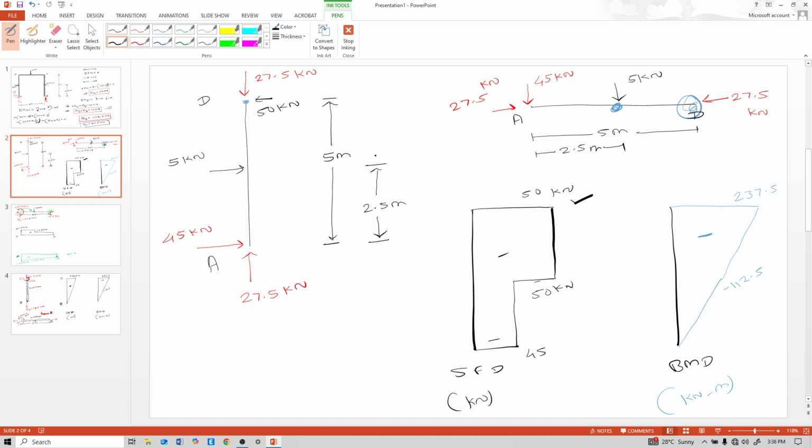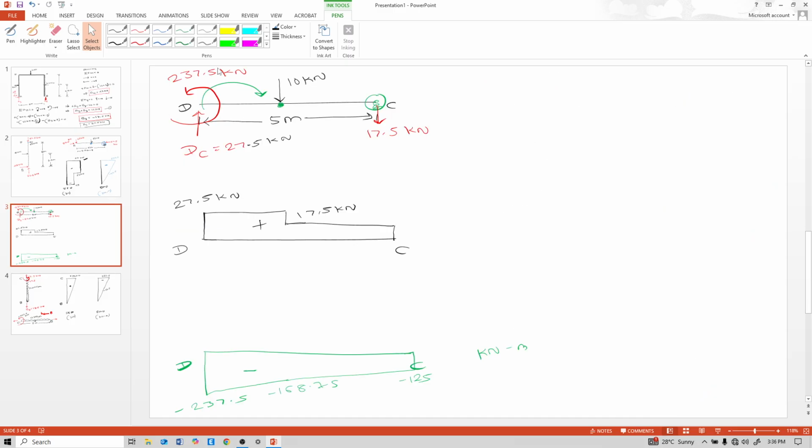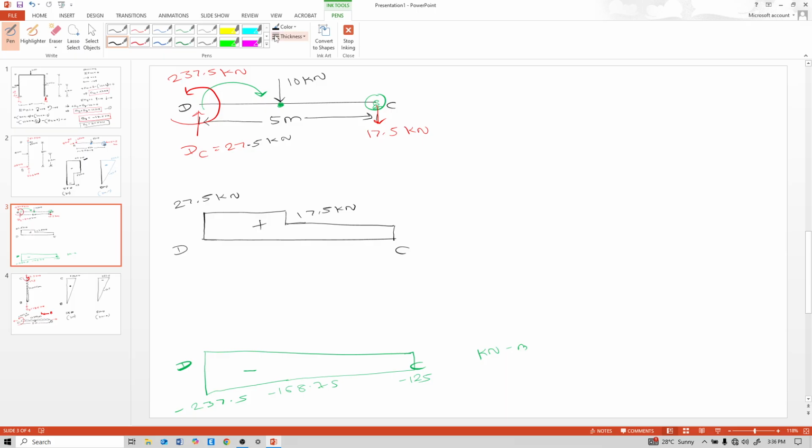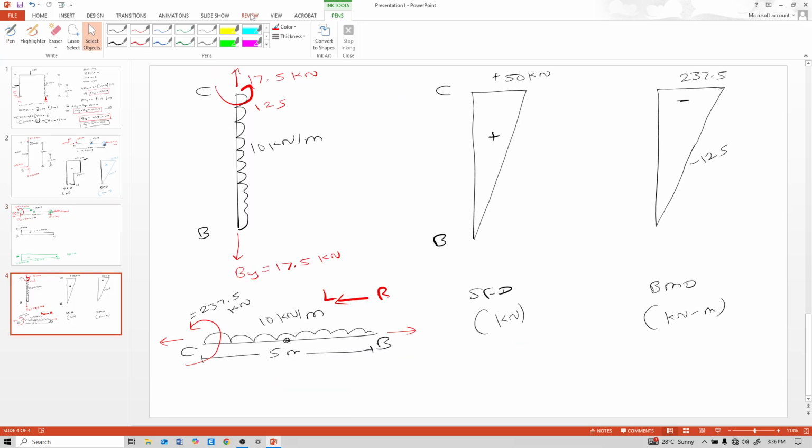So this 50 will be like this, right? B it is like this. It is 50 kilonewton here, and here also it is 50 kilonewton. So as per this, here 50 kilonewton generates. So that's why this 50 comes.